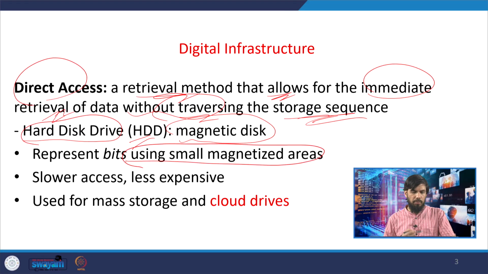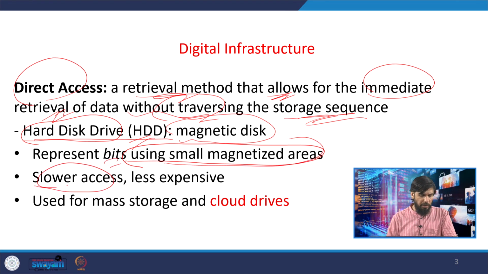But in this storage media, the magnetic disk, the retrieval method has changed. It is direct access, so it is faster, though the underlying magnetic technology remains the same.